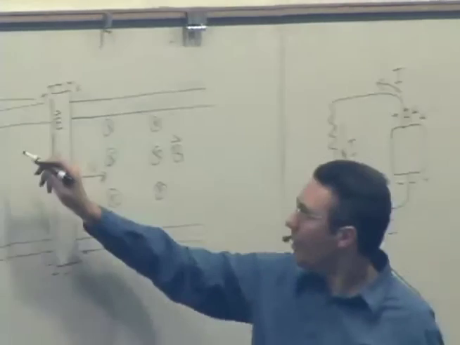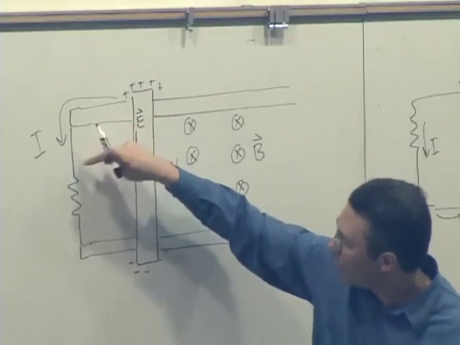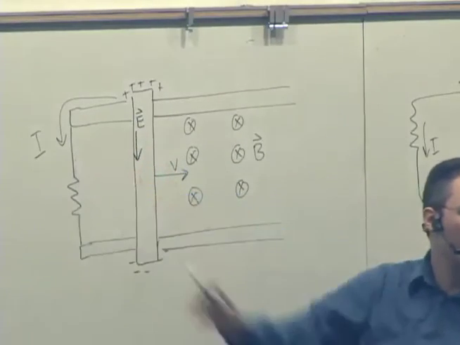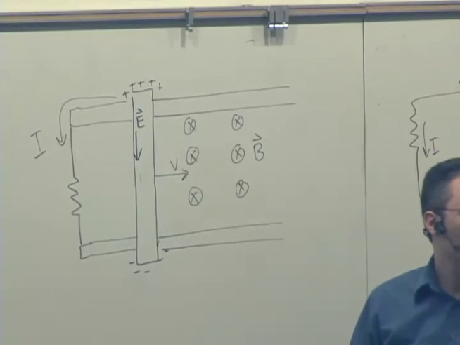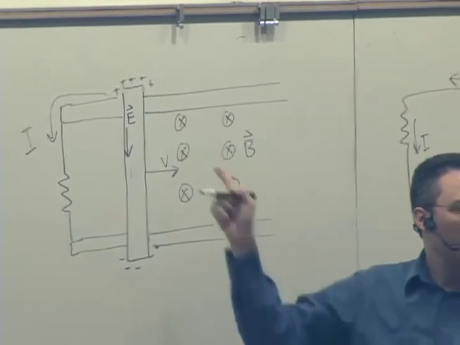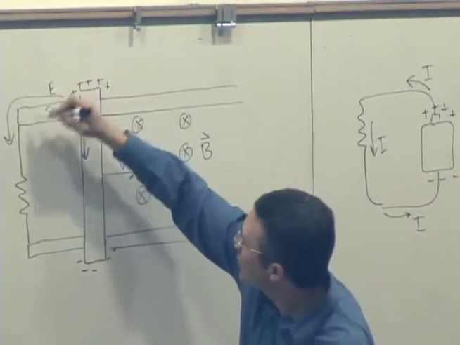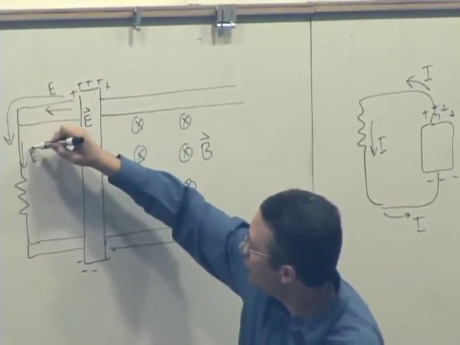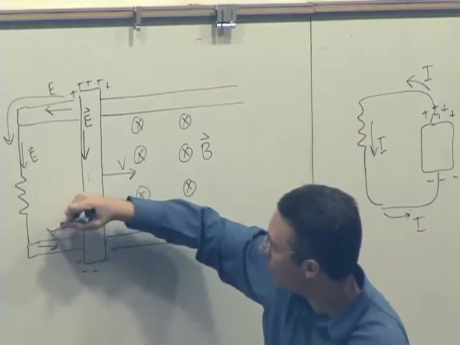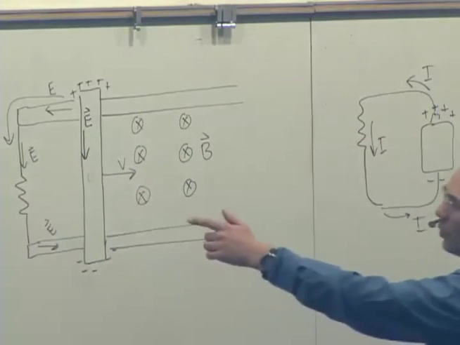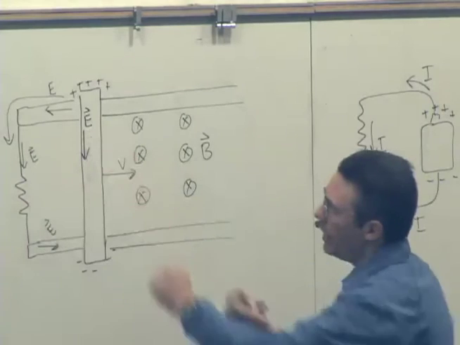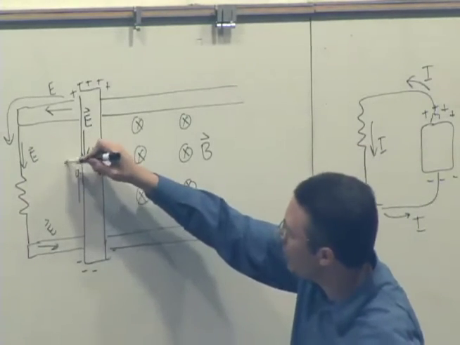And the electric field in the resistor is pointing what direction? Downward also, yeah, because the electric field in the rest of the circuit has got to point in the direction of the conventional current. It's driving the current. Well, wait a minute. The electric field here is pointing in the opposite direction of the conventional current.